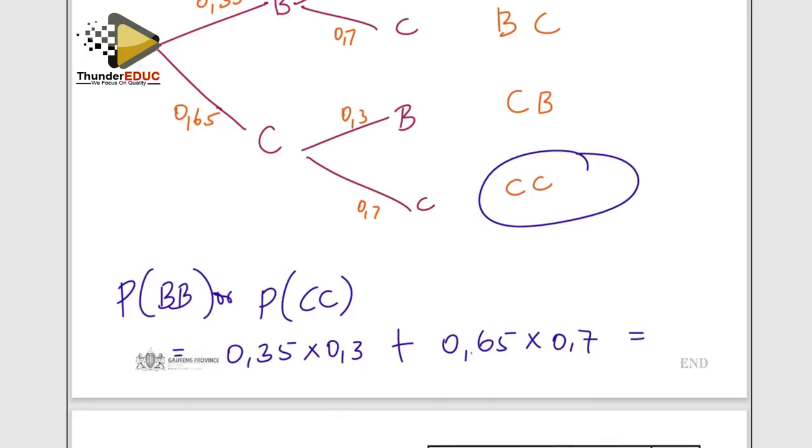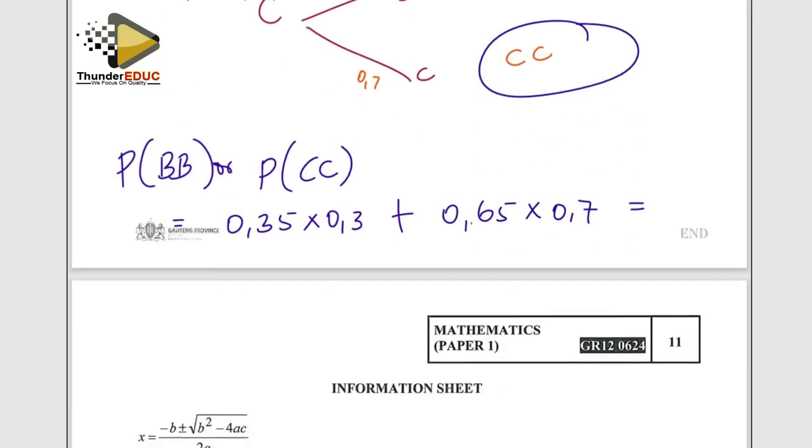So let's start by getting the probabilities. 0.35 times 0.3, plus 0.65 times 0.7. That gives me 0.56 as the probability.